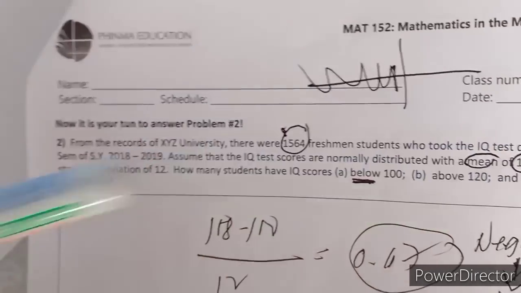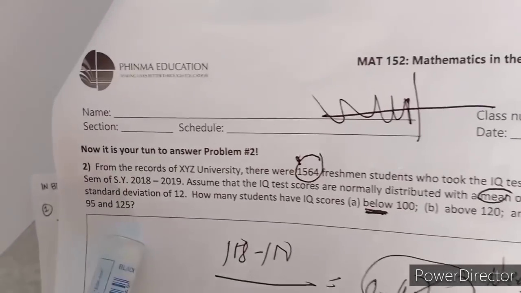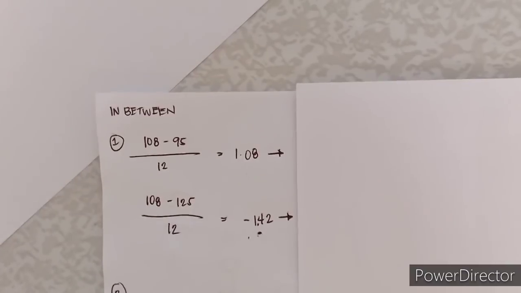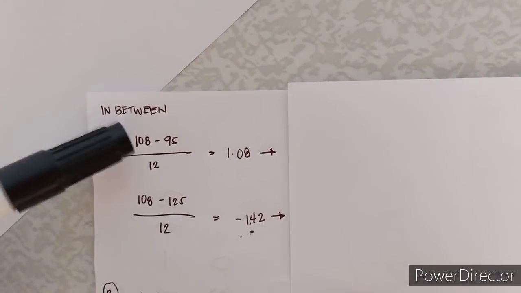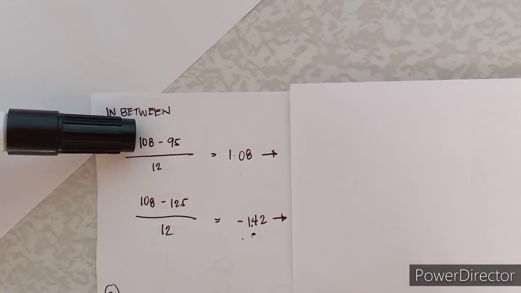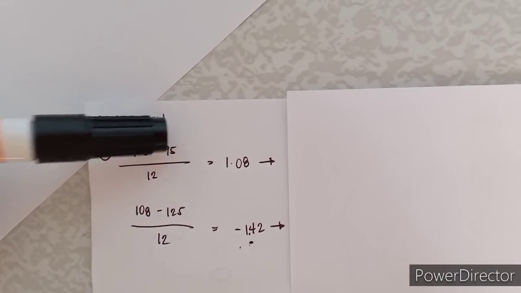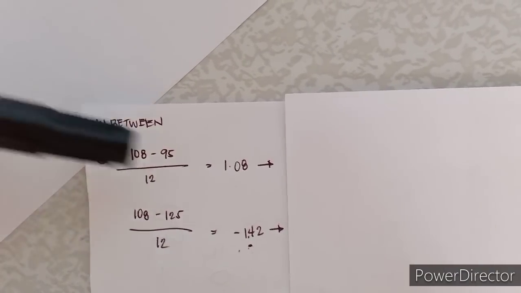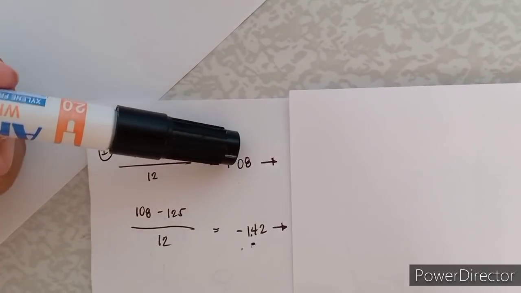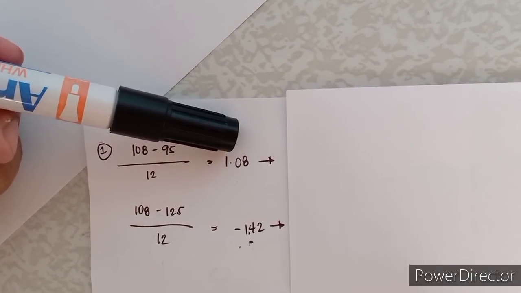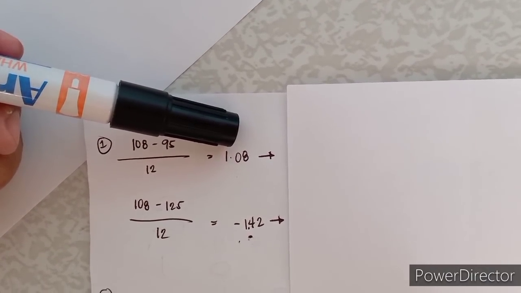Last example is between 95 and 125. Okay? First is to get the Z score. Ito po yung formula natin. So 108 ang ating normal value minus 95, yun po yung in between na sinabi niya, all over 12. That is equal to 1.08. Kinumpute ko na po para mas madali.